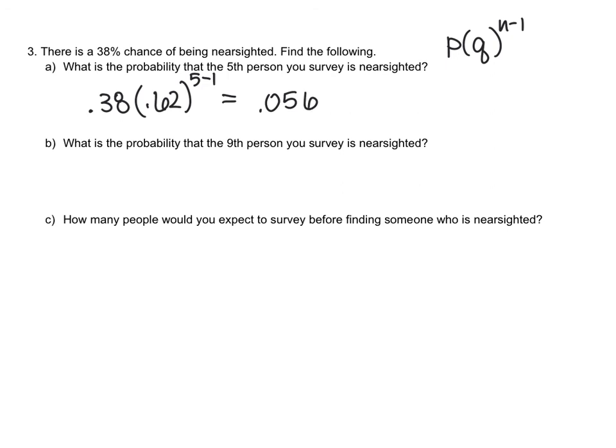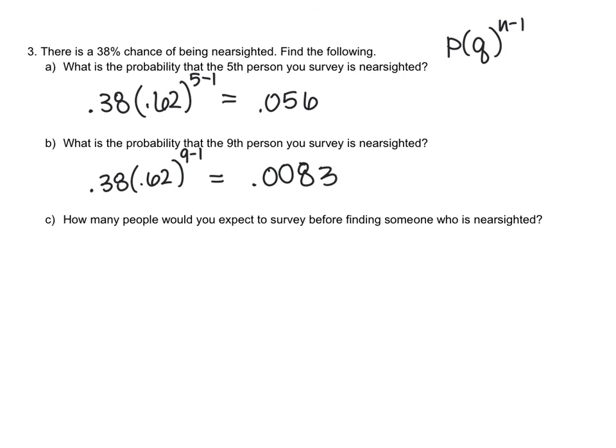Okay. Now we want to know the probability that the 9th person you survey is nearsighted. So 0.38 times 0.62 to the 9 minus 1, which becomes 0.38 times 0.62 to the 8th power, which is 0.0083.